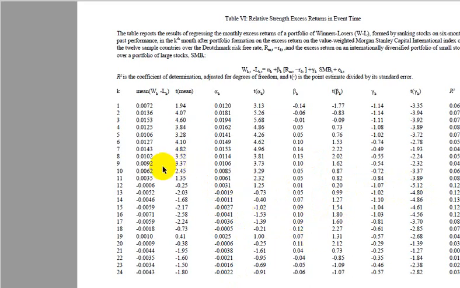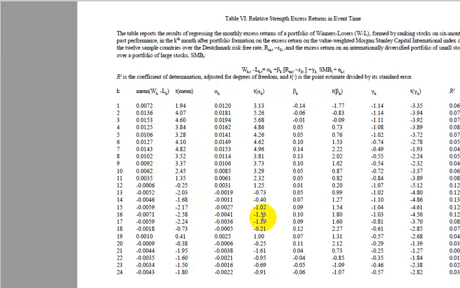And this result is very interesting because it's almost exactly the same as what Jegadeesh and Titman found in 1993 with just U.S. equities only. And so here we have nearly the same result across 12 different international markets.